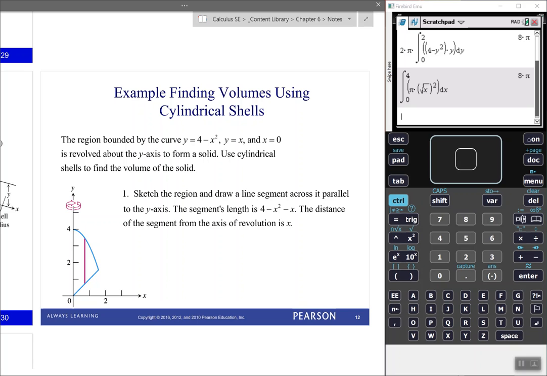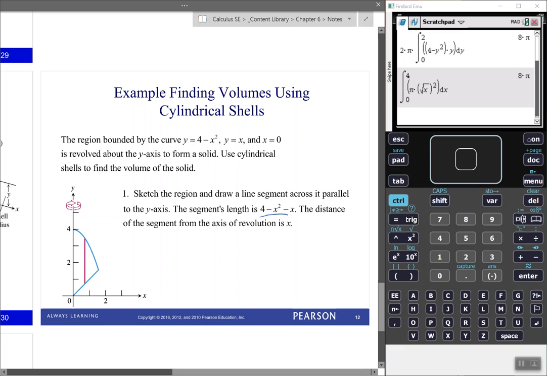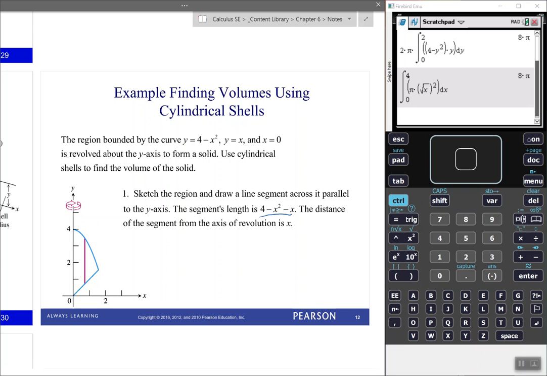So the top function is 4 minus x squared, the bottom function is x, and we're subtracting that to find that distance, that area inside of there. So they are revolving that equation over the axis. So that is going to be your quote-unquote radius that you're going to put into the formula to get the volume. So take a moment, pause the video, and see if you can calculate the volume of this region.